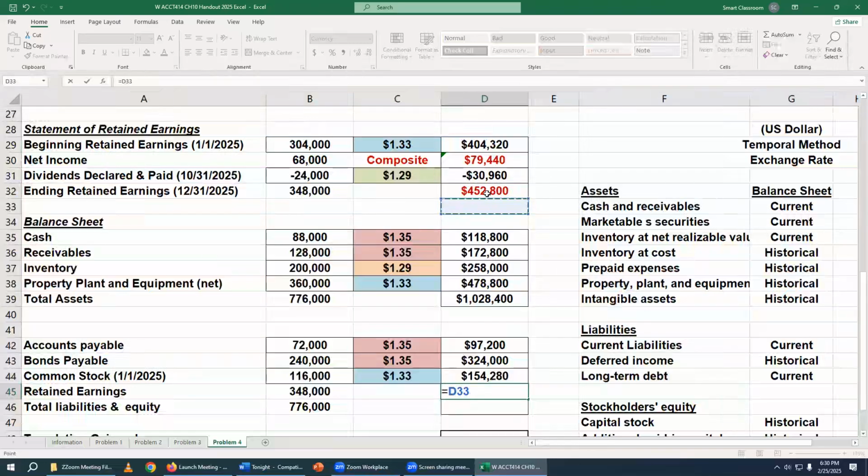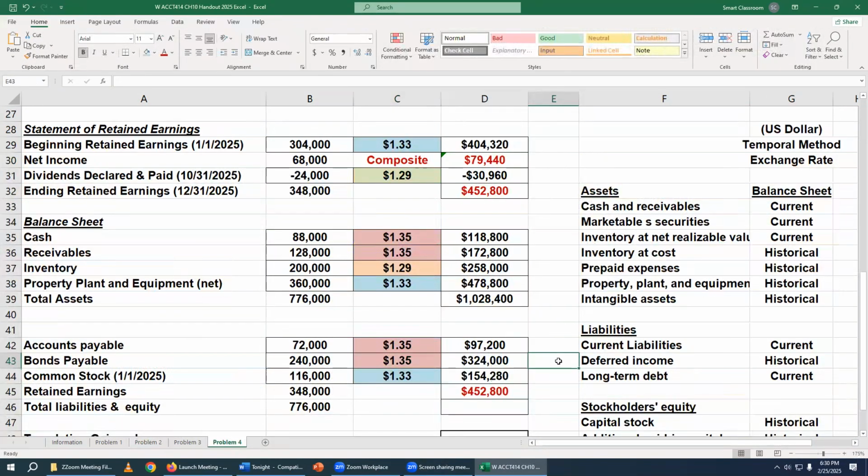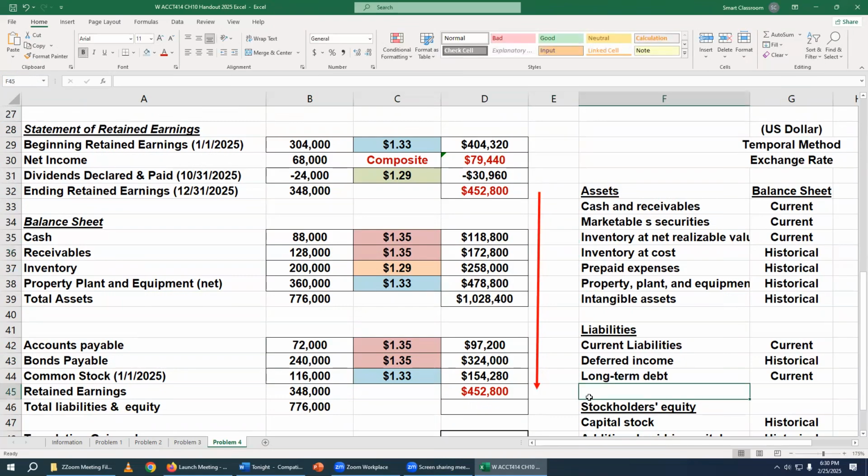Retained earnings is this retained earnings up here. We do not calculate it again. It's the same retained earnings. What we do is we take our arrow from this one and put it over here. That saves the arrow adjustment, all comes the arrow adjustment for the retained earnings being brought down here.